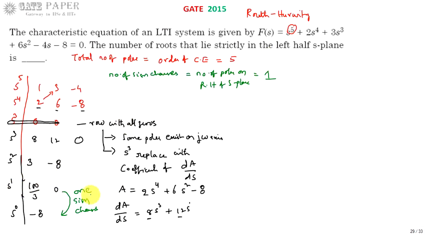To calculate that, you are going to use the auxiliary equation. The next step is to solve the auxiliary equation to know the location of poles on the j omega axis.